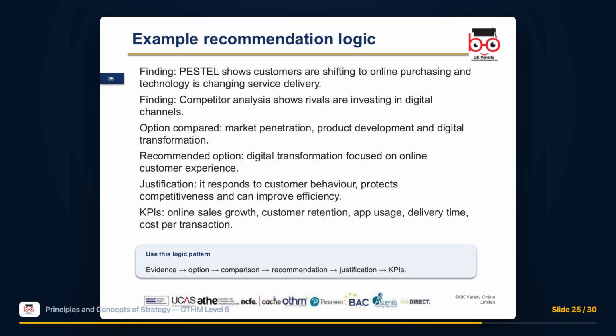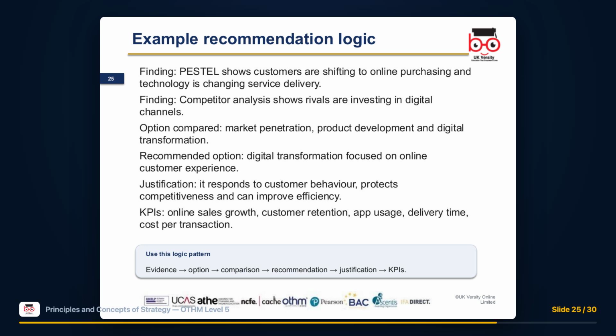Here's the recommendation logic in action. Your findings: PESTLE shows customers shifting online and technology changing service delivery, and competitor analysis shows rivals investing in digital channels. The options compared: market penetration, product development, and digital transformation. The recommendation: digital transformation focused on the online customer experience.